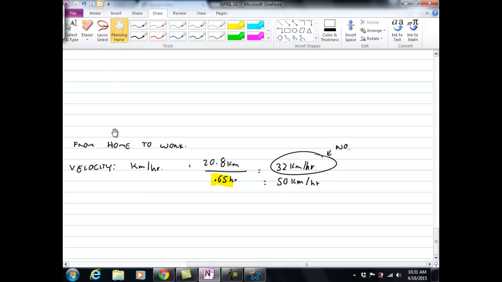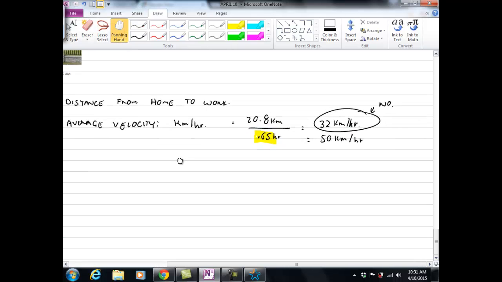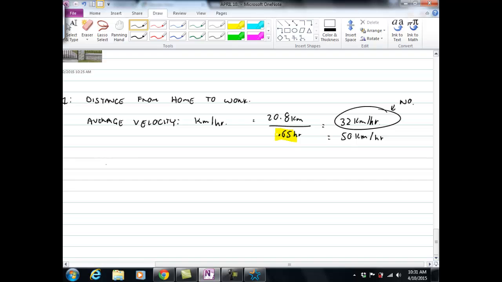What if I were to cut this down? What if I were to give you this 20.8 kilometers in 20 minutes? That's the fastest I ever went to school. Let's say it's the middle of the night.